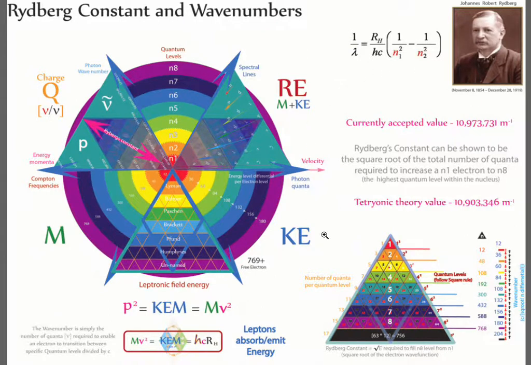The difference that this highlights is that the currently accepted value for Rydberg's constant is 109.73731 per meter, quanta per meter. Tetryonics gives us an exact value of 109.03346 per meter. That's the wave number, obviously.